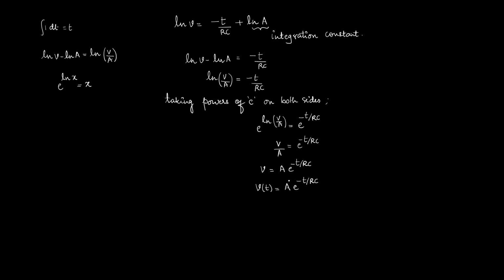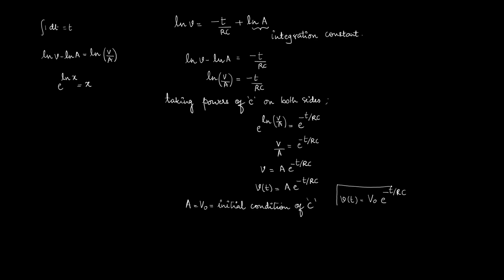Now a basically corresponds to the initial condition, so I can specify a to be equal to V naught, which corresponds to the initial condition of the capacitor. So V of t is equal to V naught e power minus t by RC.